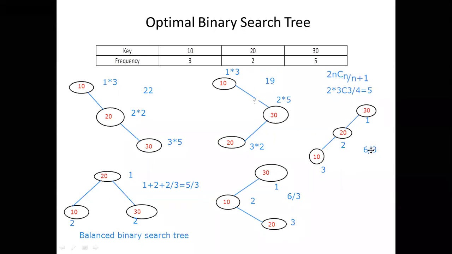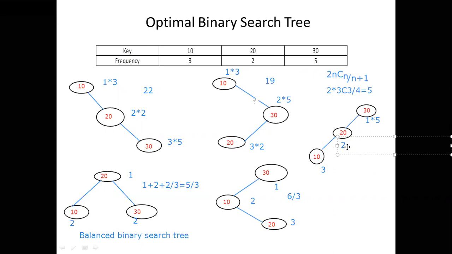This one also we will calculate, the third tree. 30, how many times do we have to compare? 30 has to be compared 5 times, right? 30 compared 5 times means 1 into 5. 20 has to be compared 2 times.